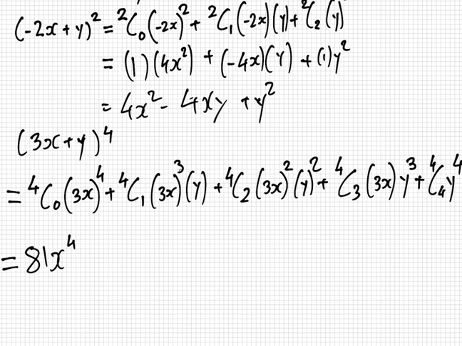And then 3 cubed is 27 times 4C1. 27 times 4 is 108. So 108x cubed y. Now, 3 squared is 9, and 4C2 is 6. 6 times 9, 54. x squared y squared.